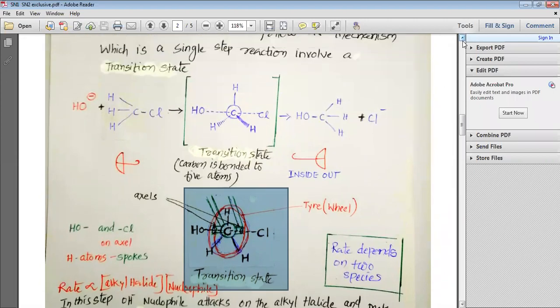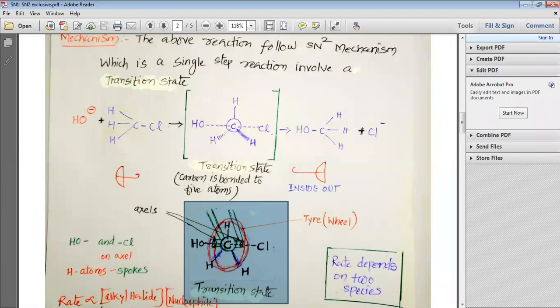Now what happens? This Cl simply leaves as Cl minus by taking the electrons from this bond.